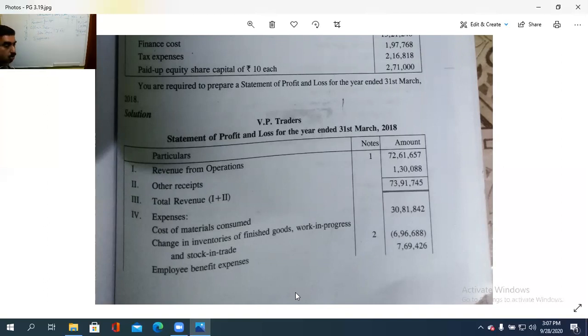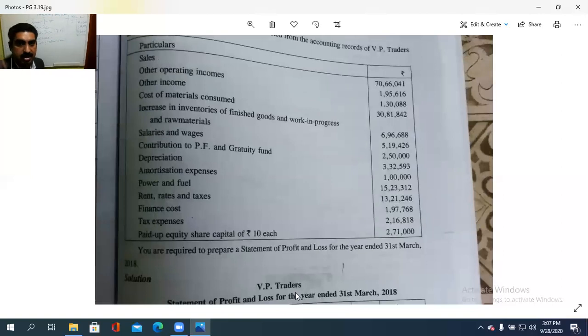Expenses, in that, cost of materials consumed. How much is the figure? See, 30,81,842. There is no other item, so we are putting it as it is.